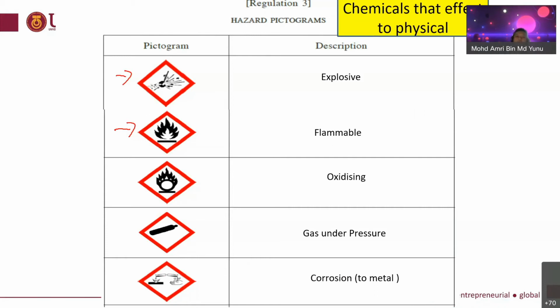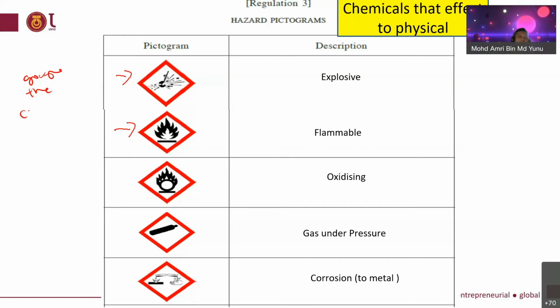You don't have it on the labeling or on the bottle, there is not enough space to put everything. So if you need to know more information about the chemical, you have to download the MSDS. So how to download?